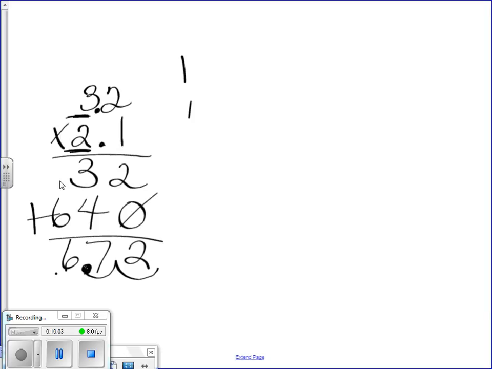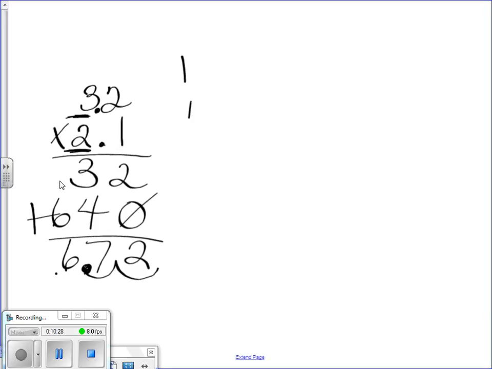Not making it into a fraction. Not writing it out like words onto the side. This is how we multiply decimals. This is probably how your calculator does it. It's the most practical way.